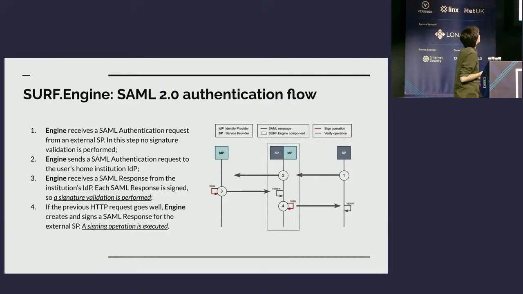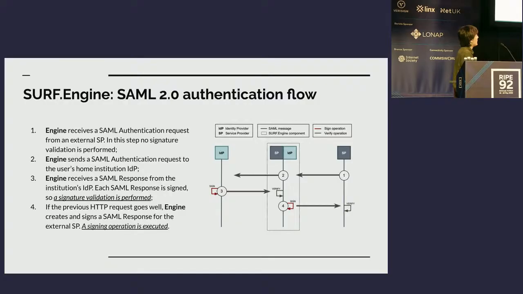So what's the SAML authentication flow like in SURFconext? First of all, this is their hub. These are the operations that we will be concerned with. As you can see, in the first step the service provider sends the request to the hub.